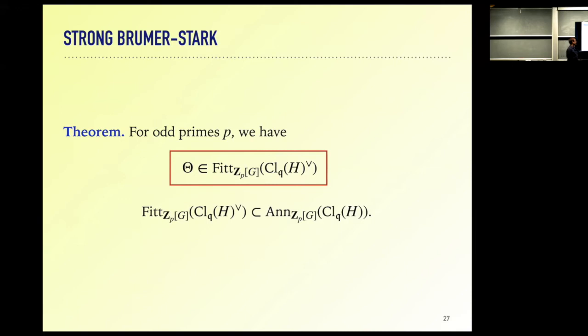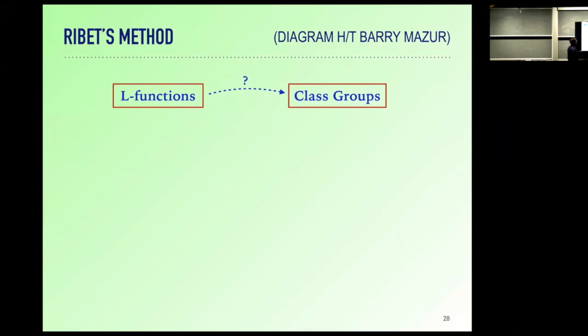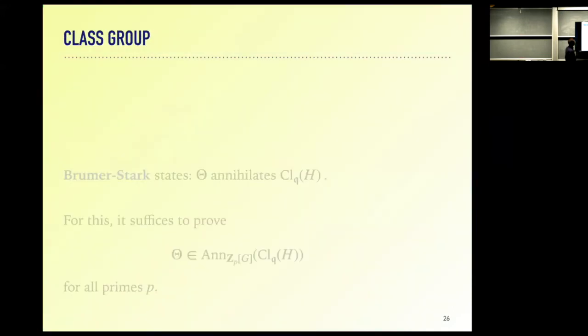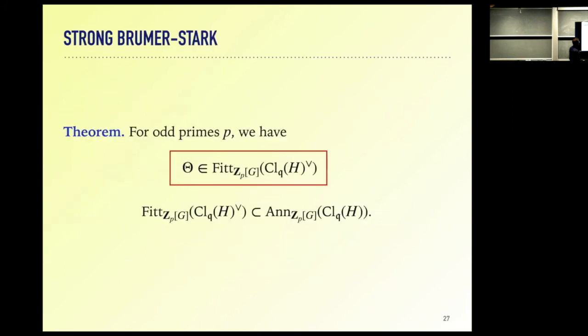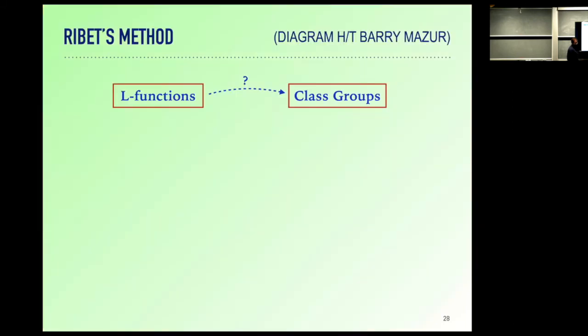It's a sub-ideal. Is there a word for that? An ideal contained inside another ideal. Sorry, what happened? Lost my place here. Oh, okay. And right, so what we actually prove is that conjecture of Kurihara, that theta lives in the Fitting ideal of the dual of the class group.